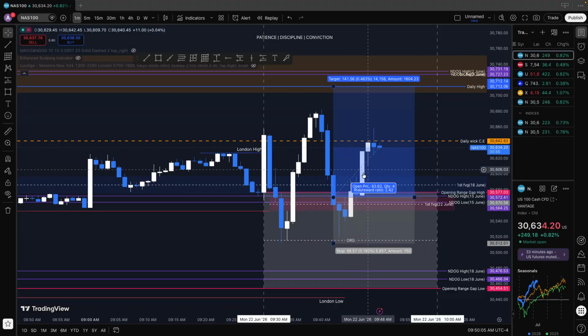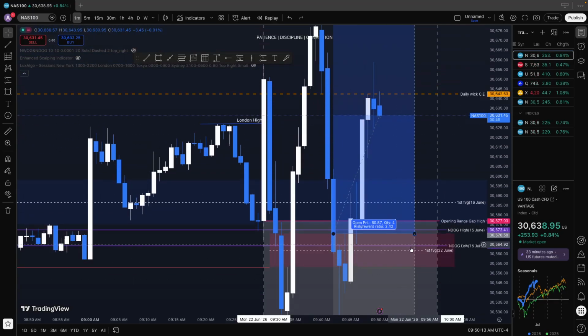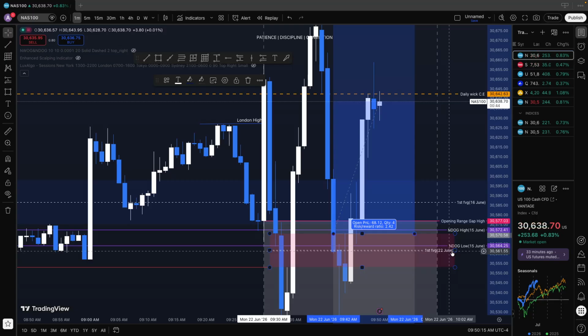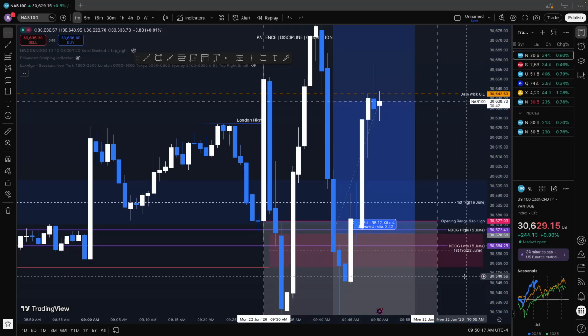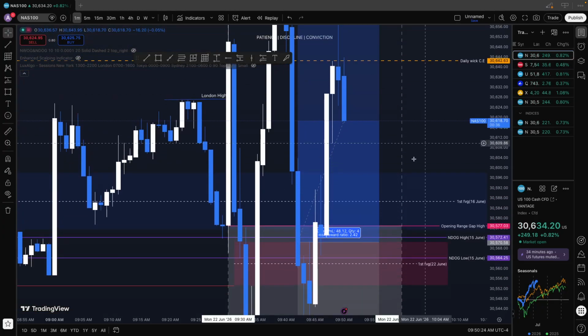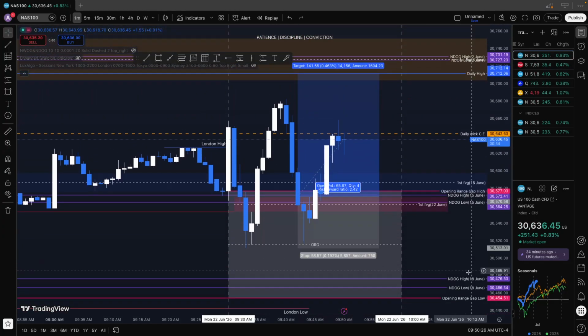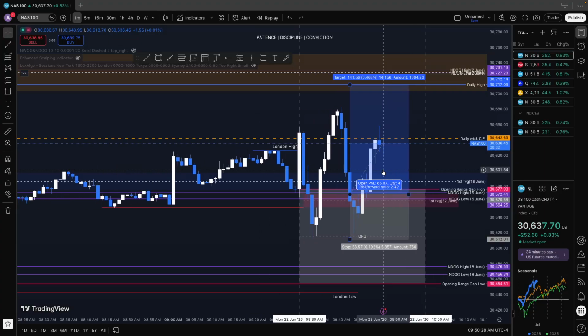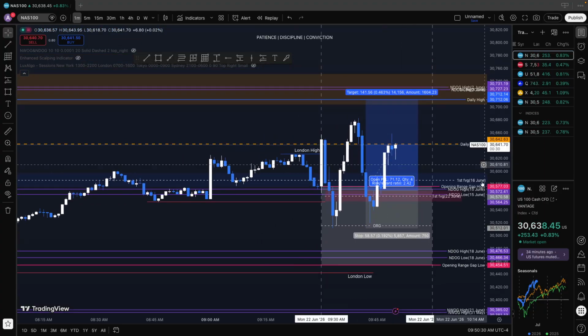Is price gonna come back into this small fair value gap that we have over there, or use this as an inverse? You see that? You can still give it permission to come back into this. Yeah, see it's coming back into that. Clean, clean, clean, clean.